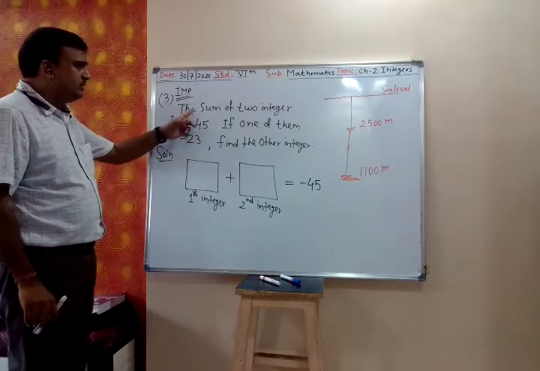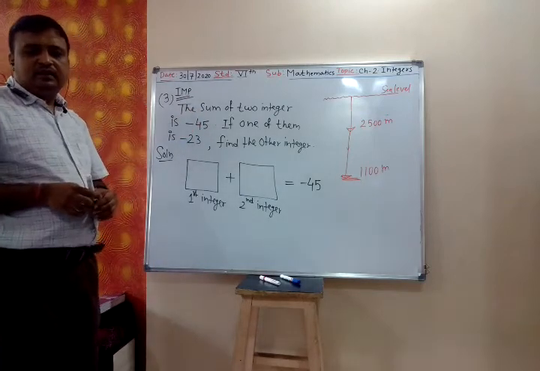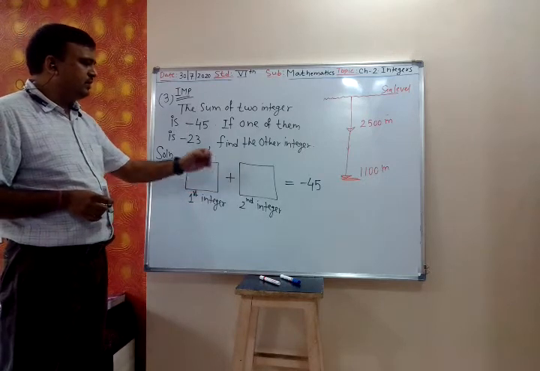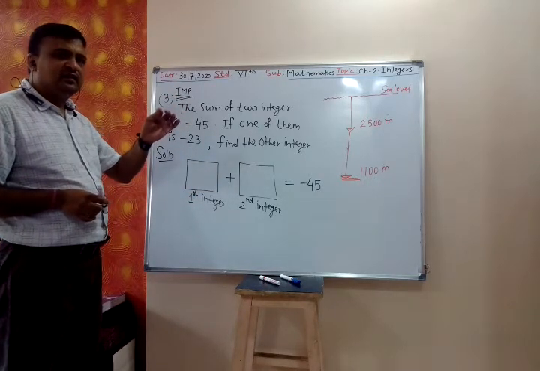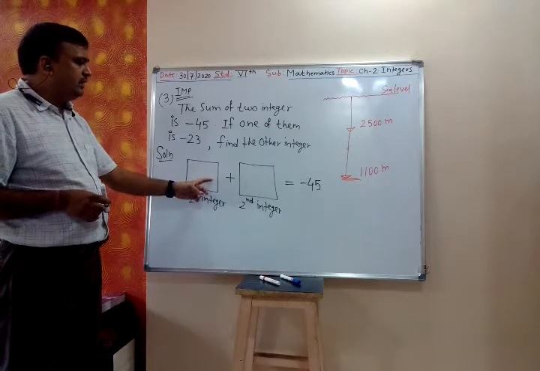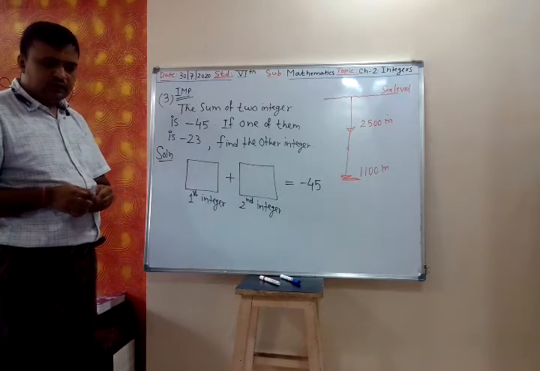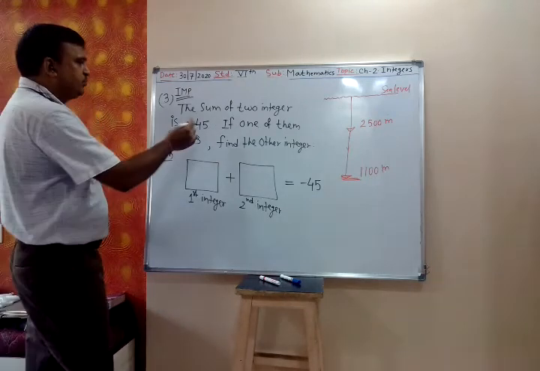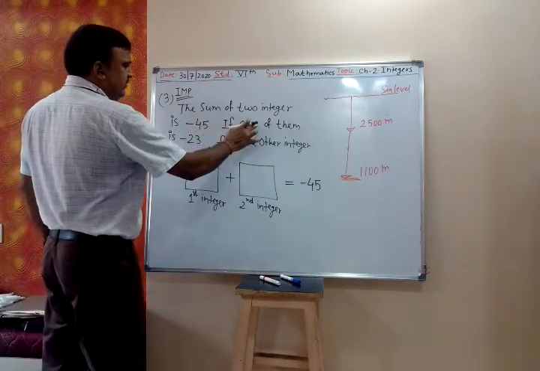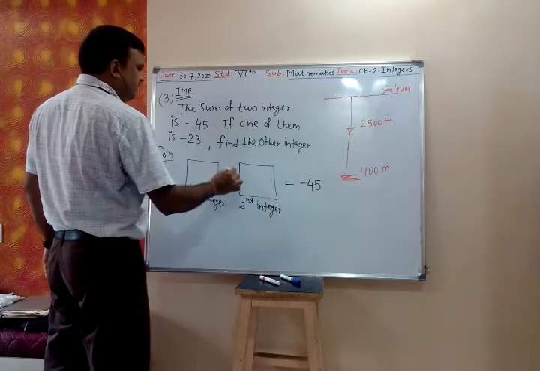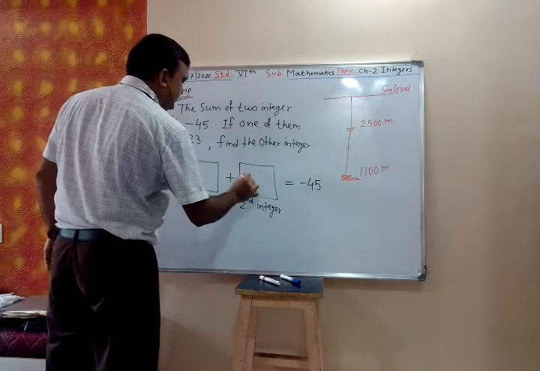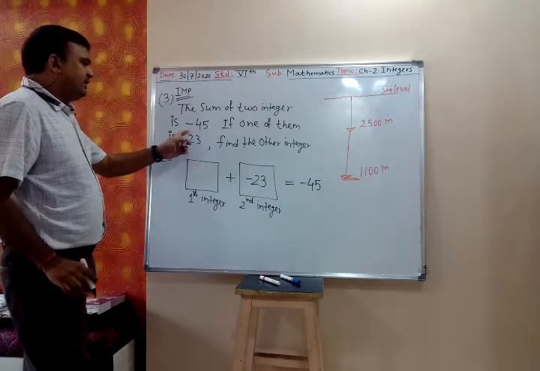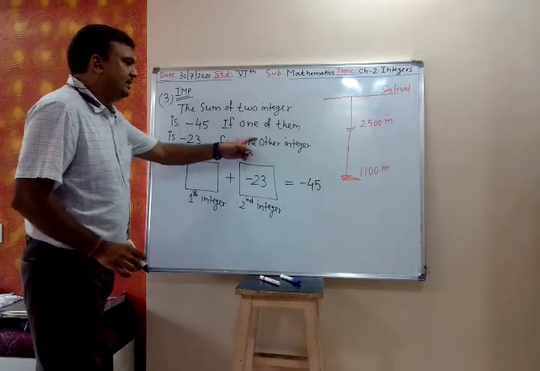Now let us continue. The sum of two integers is minus 45. Sum means plus. I want complete silence and discipline. The sum of two integers is minus 45. If one of the integers is minus 23, suppose this integer is minus 23. Find the other integer.